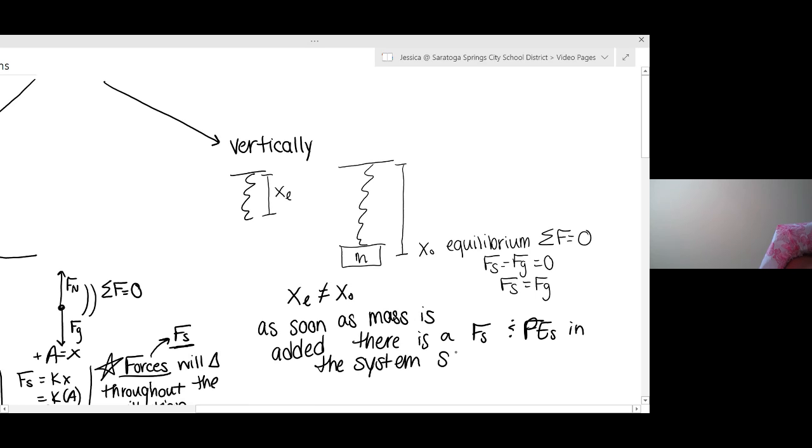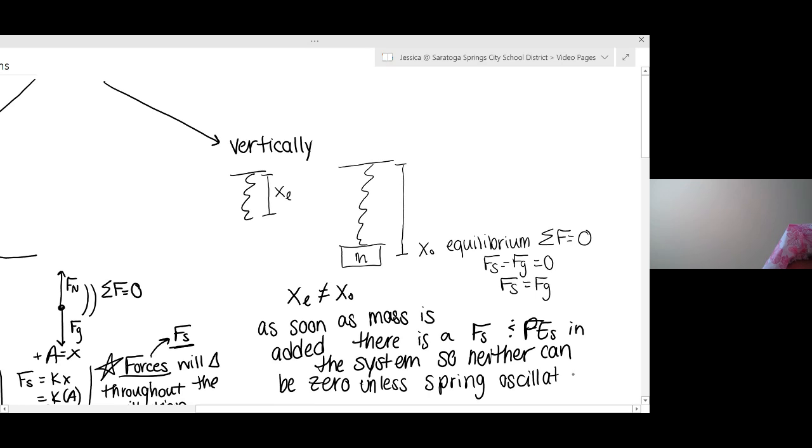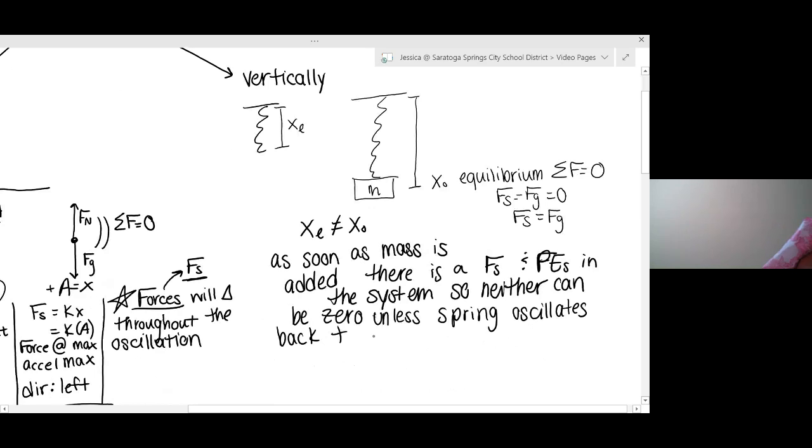Neither can be zero unless the spring oscillates back to the natural length. So unless we push this to exactly XL, there's always going to be a spring force and spring potential energy.